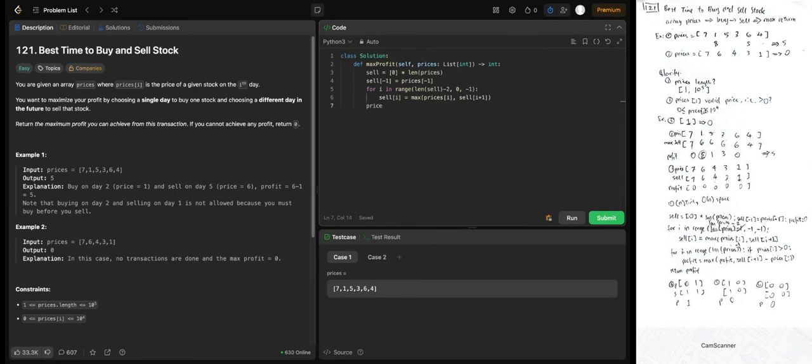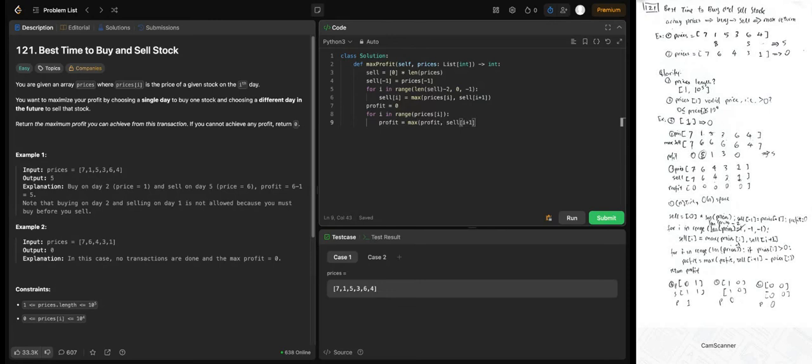This should be done. Then I'm gonna make a profit variable, and we will loop through all the days there. And what we would have is profit equals max of the current profit and the future sell date.